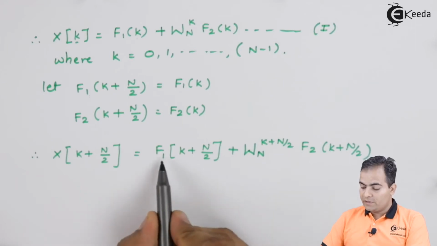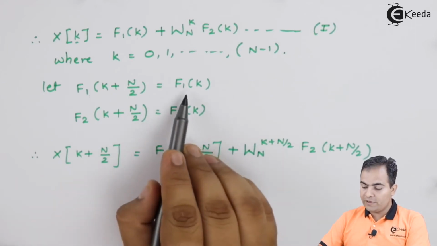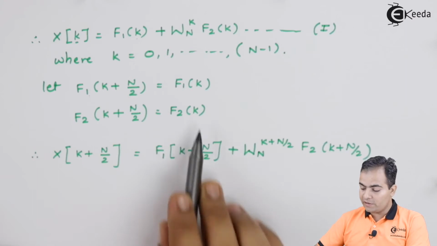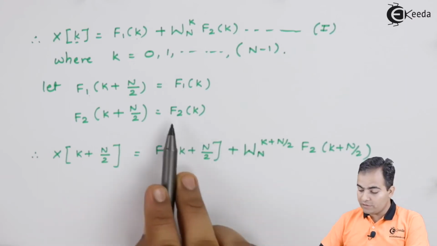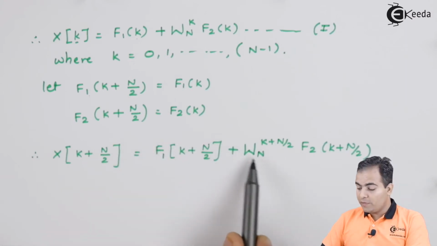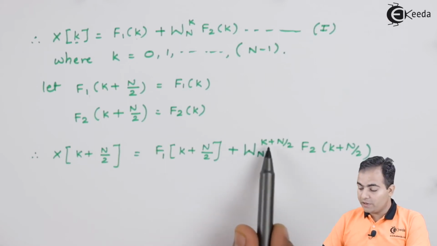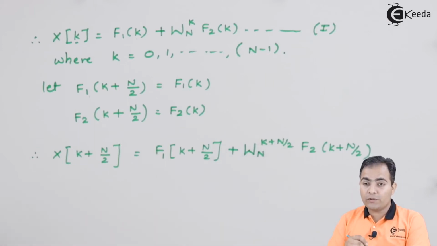Now f1 of k plus n by 2, we have discussed, is similar to f1 of k. Similarly, f2 of k plus n by 2 is always f2 of k. But omega n to the power k plus n by 2, we can split this. So what will we get? Omega n to the power k and omega n to the power n by 2.